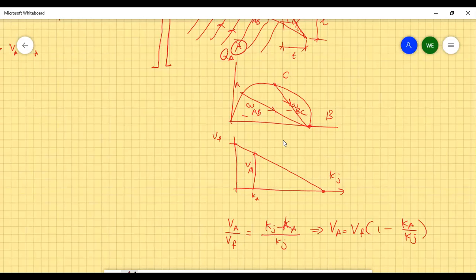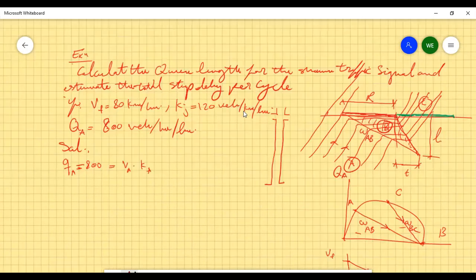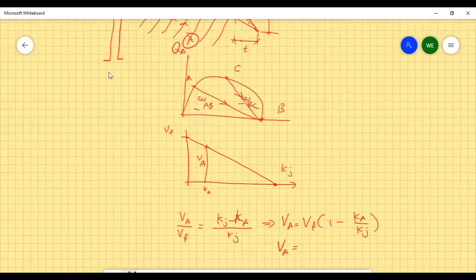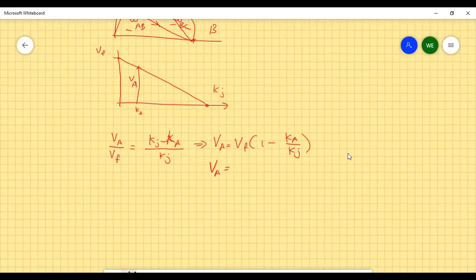As simple as that. So VA equal VF, which is basically 80 kilometers per hour, as we mentioned, and Kjam 120. So let's substitute it here. So here we have 80 minus 80 over 120 times KA. So this will be 80 minus 0.75 KA.